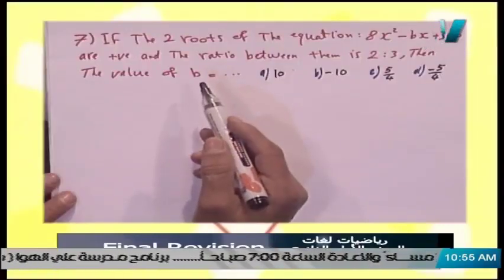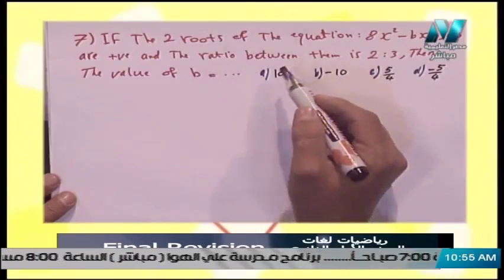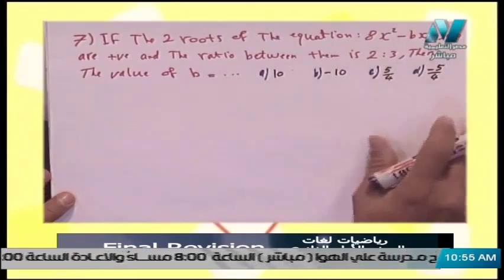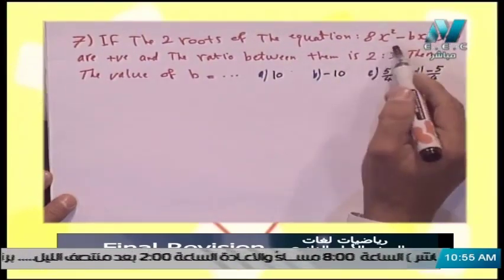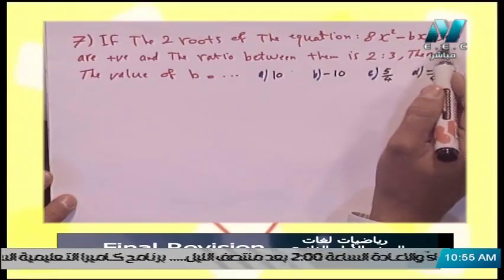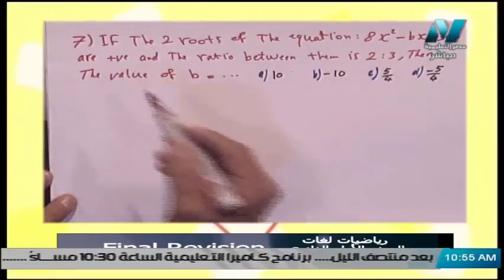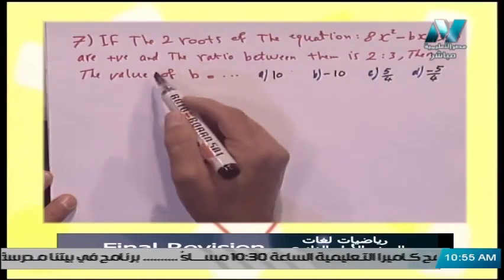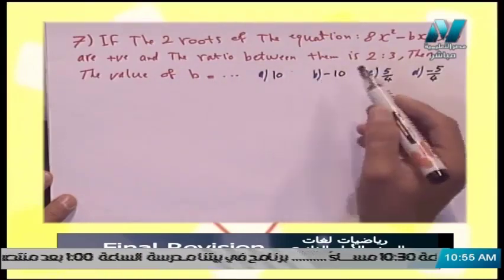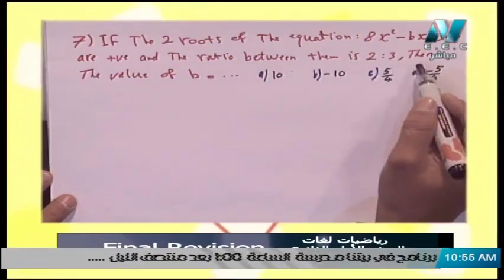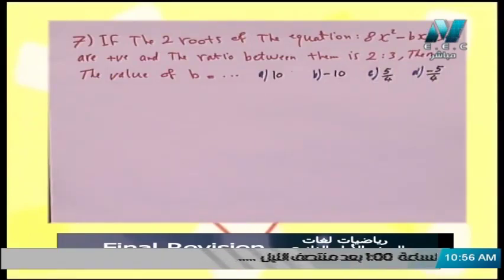We have now if the two roots of the equation here, 8x power 2 minus bx plus 3 equals 0 are positive, and the ratio between them is 2 to 3, then the value of b equals what?